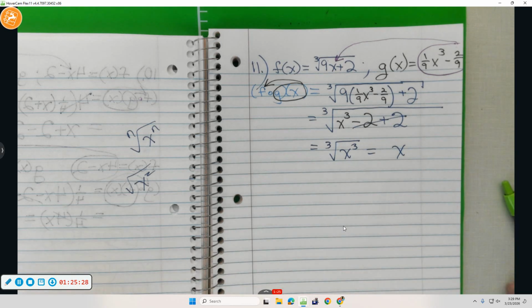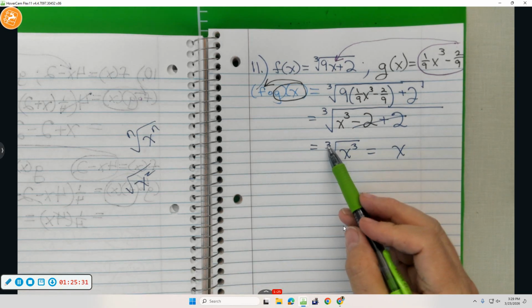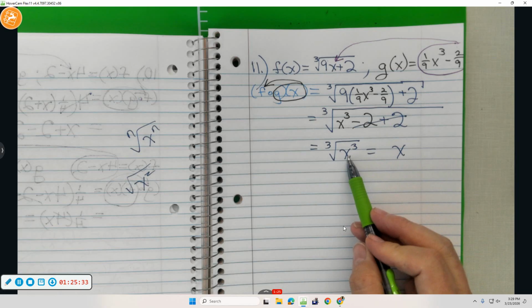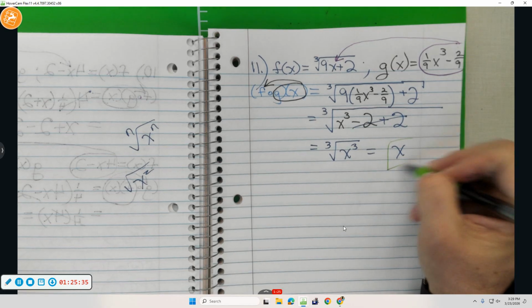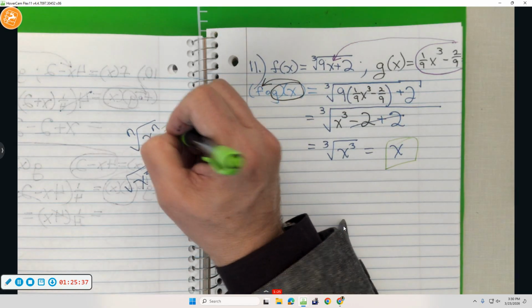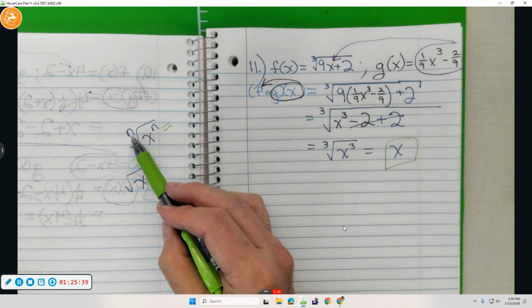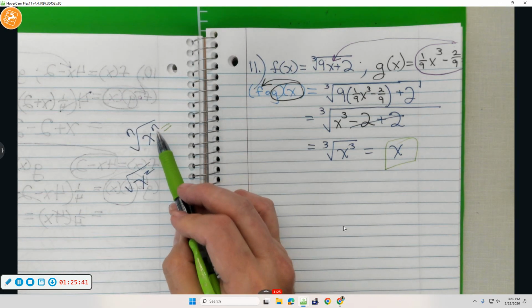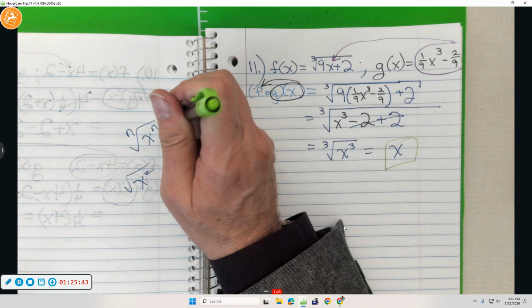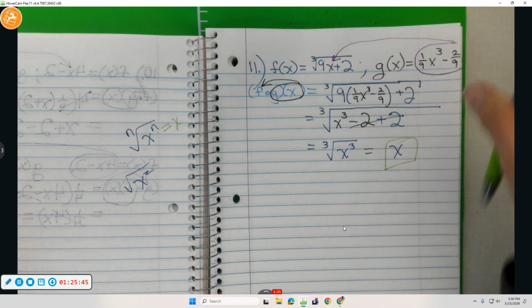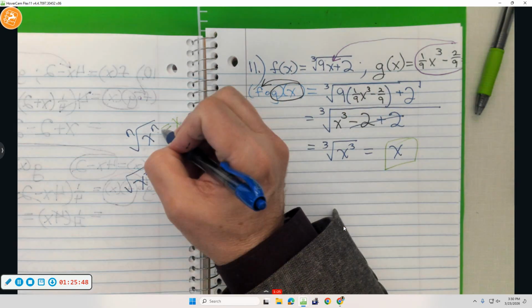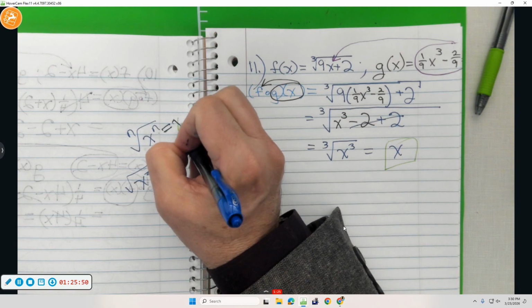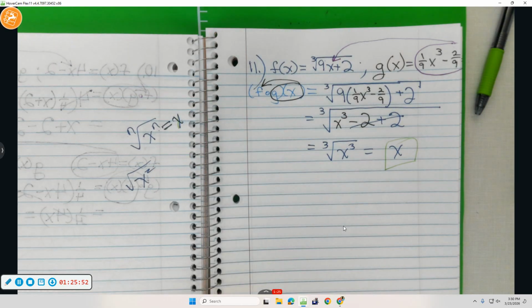That's right. In general, if the index on the radical is equal to the exponent underneath there, you're left with just x.